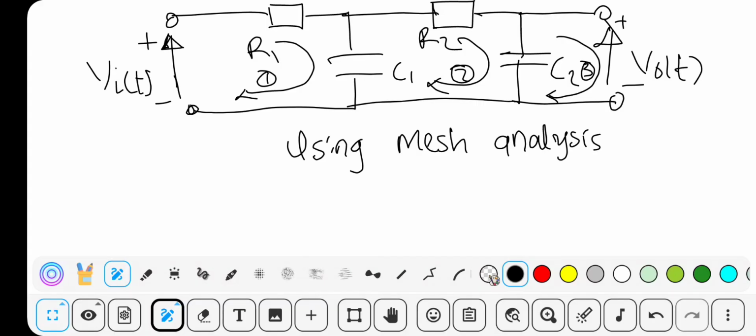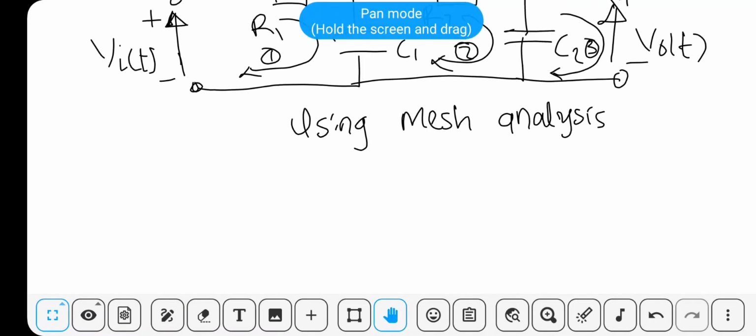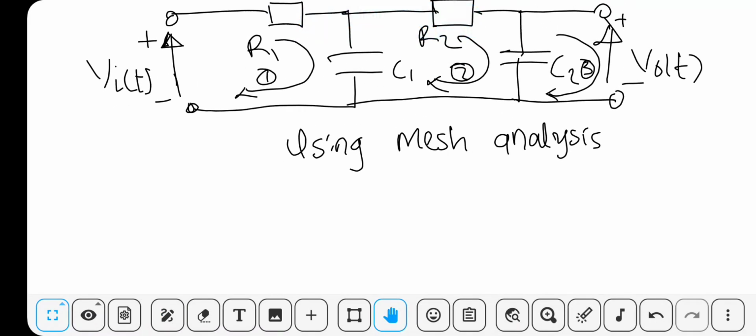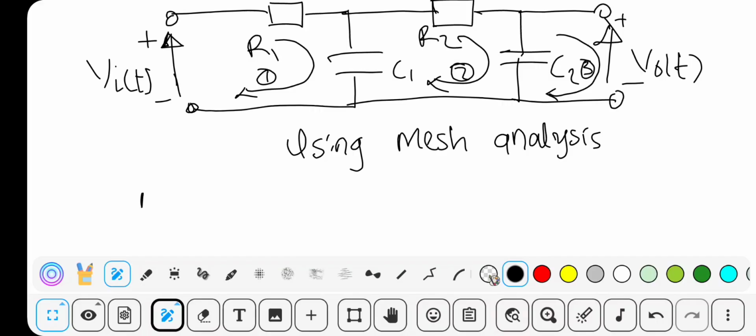A mesh is an elementary loop, a loop that doesn't have another loop inside. That's what it means.